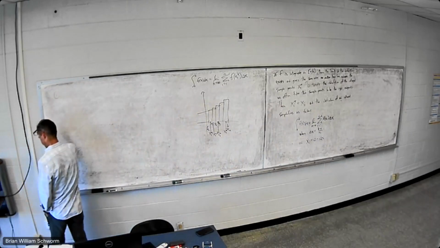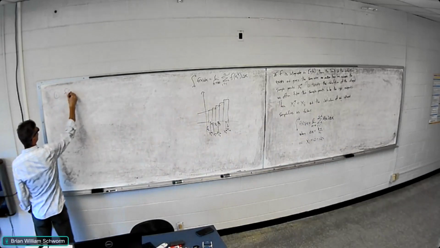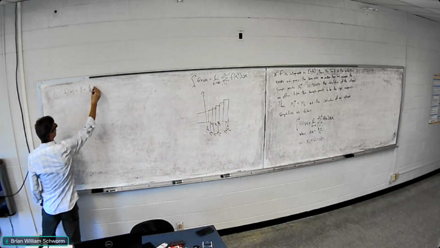Number 1 says, consider the given function f of x equals 1 minus 1 half x.